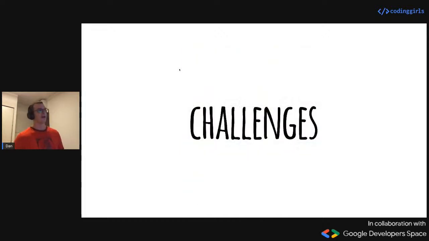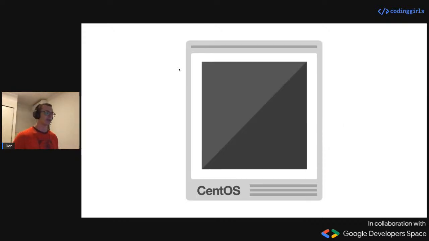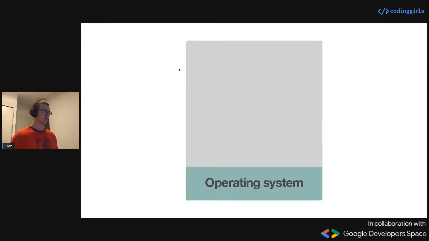Okay, and when you have a lot of virtual machines in your infrastructure, there are a couple of things that you might notice. The first one is each virtual machine comes with an operating system. So it has an operating system, and then the rest of the resources on your virtual machine are usable for CPU and memory.